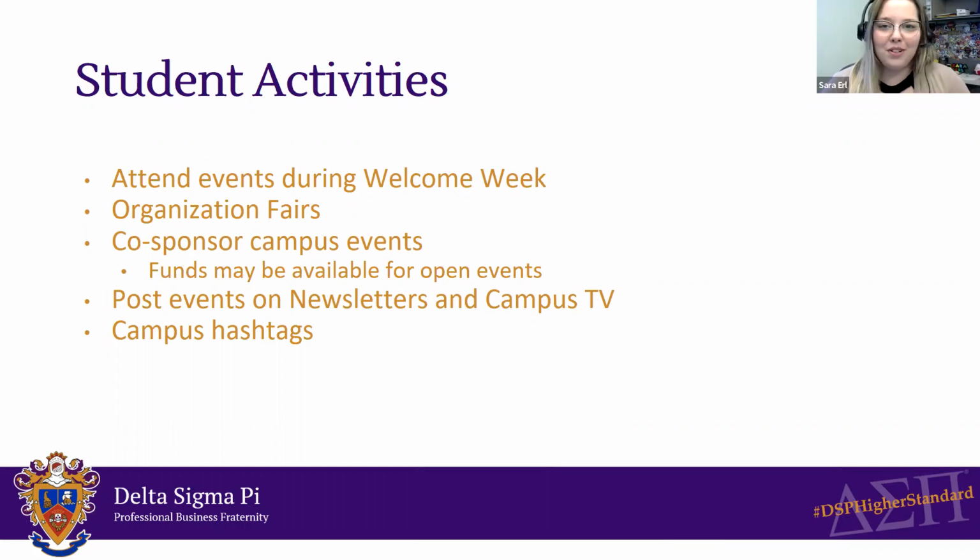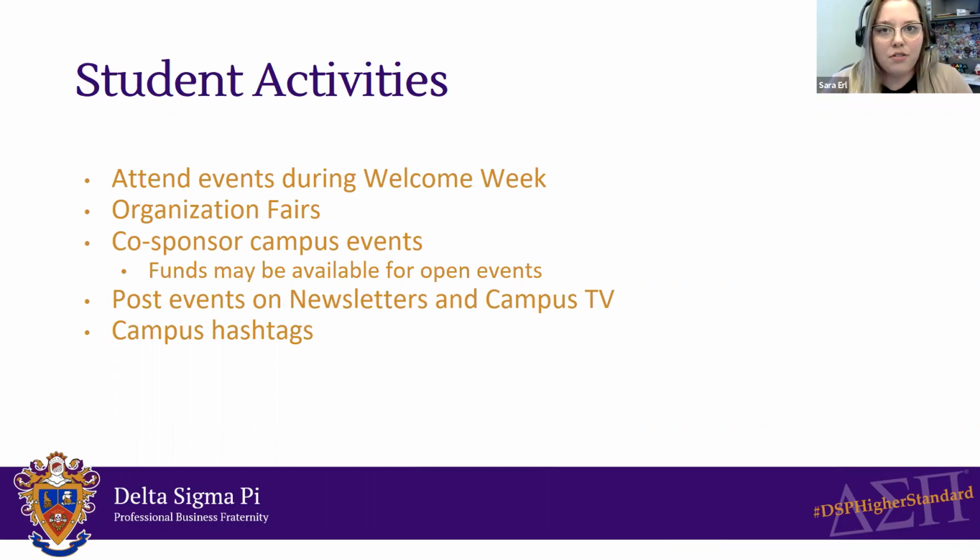You don't want to be doing this the night before expecting to be on the campus TV the next day. And campus hashtags are always going to exist. That's where new students are going to go to find anything and everything regarding your institution. So maybe it's class of 2026 or whatever year we're on now, whatever hashtags they create for your school, you can put those on your DSP things.